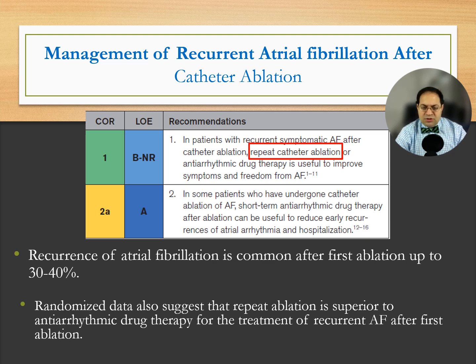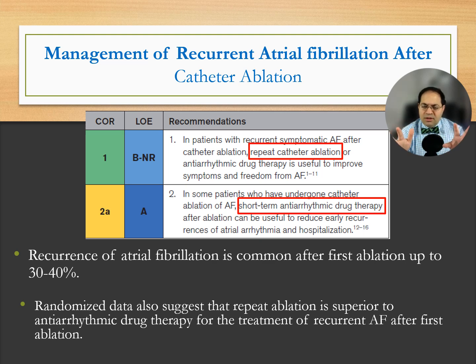In these patients, we again have two options. Number one, give rhythm medication. Number two, repeat catheter ablation. And they found repeat catheter ablation provides a superior outcome compared to rhythm medication only. Also, some of the patients found benefit if they get rhythm medication just post-ablation.